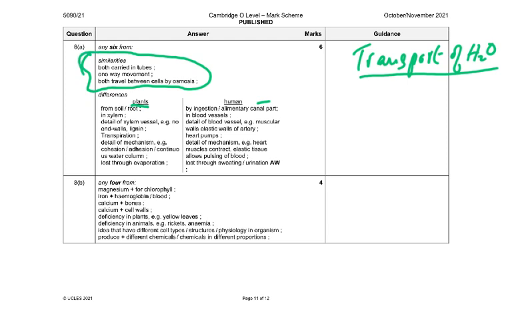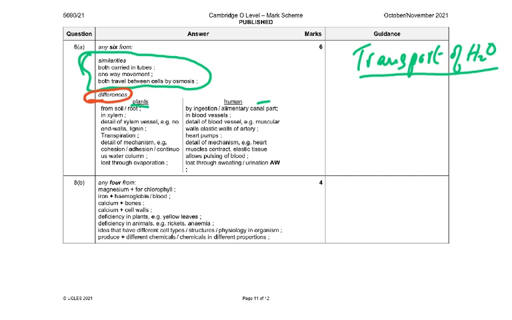The similarities were, in both cases water is transported in tubes, and it's a one-way movement from the soil to the leaves, or in human beings in the arteries and the veins, it's a one-way movement, and both travel between cells by osmosis.